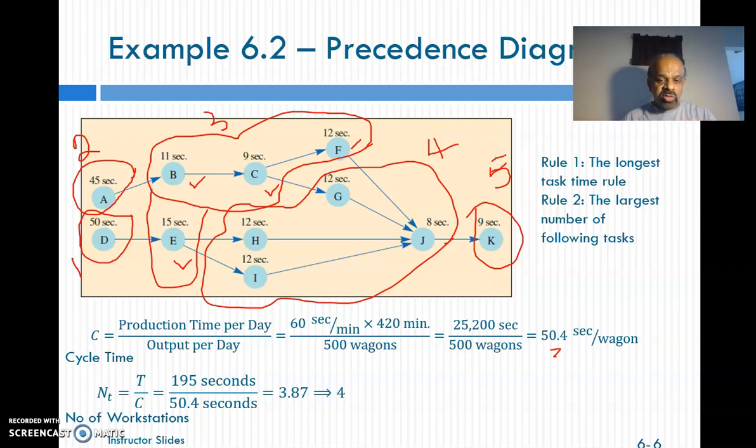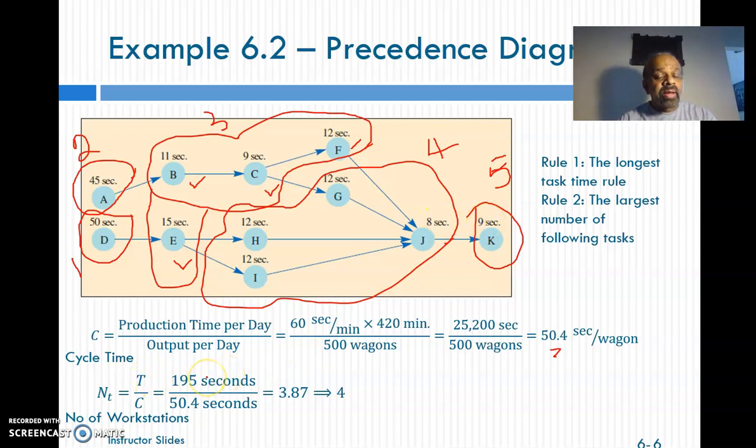5 workstations. Now, let's calculate the minimum number of workstations. The minimum number of workstations is, you have T, which is the total time. Total time is 45 plus 50 plus 11 plus 15 plus 9 plus 12 plus 12 plus 12 plus 12 plus 8 plus 9. That is 195 seconds.